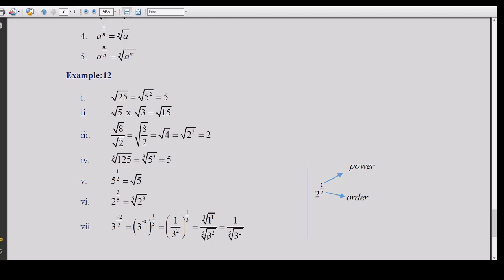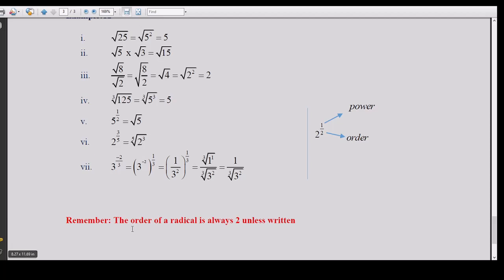Cube root of 3 squared will remain. We cannot take it out of the radical sign because this 3 should have the power of 3 so that it will get removed from the radical sign. Here we cannot remove it because 3 is having power of 2. We can just write 1 by cube root of 3 squared, which is 9. Clear?